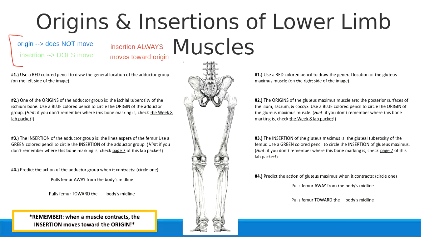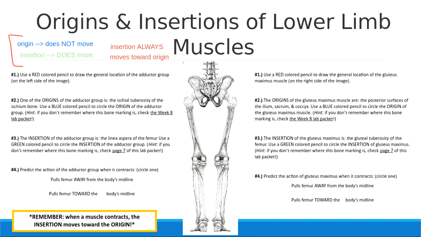So with this activity, what you need to keep in mind with every part is that when I tell you those bone markings are the origin of a muscle, this is the place where the muscle attaches, and no movement happens. There's no movement there. When I tell you these bone markings are my insertions, these are the places that are moving.